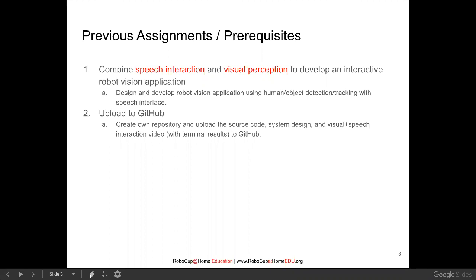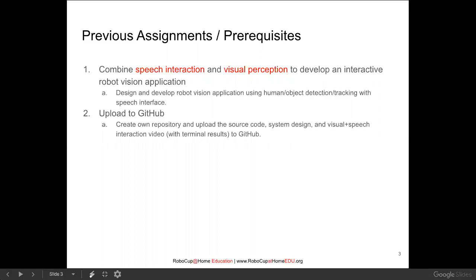Then we add this speech interaction module with the visual module that you learned last week, how to track an object using color or how to do face detection, and how to put these two together to create some interactive robot vision application. So for example, when someone is coming near to your machine, your system is able to detect that person and do greetings or some interactive chatting and so on, right?